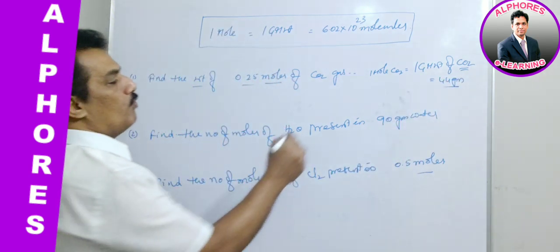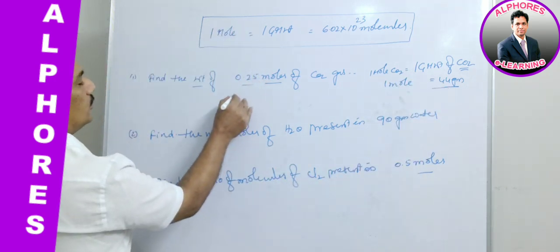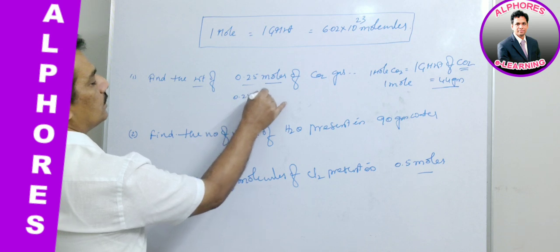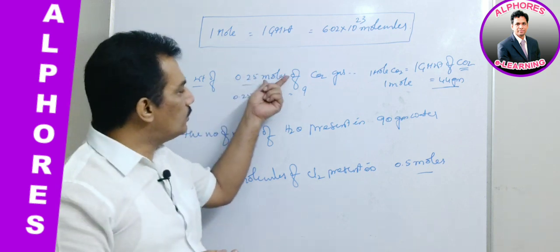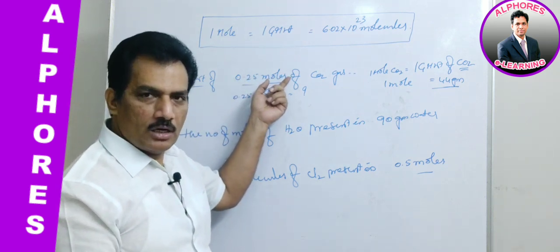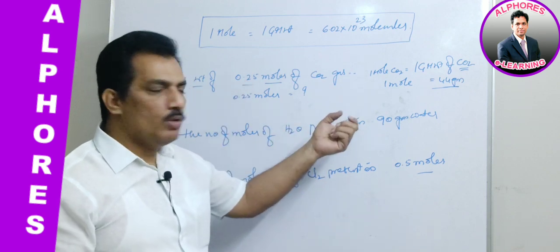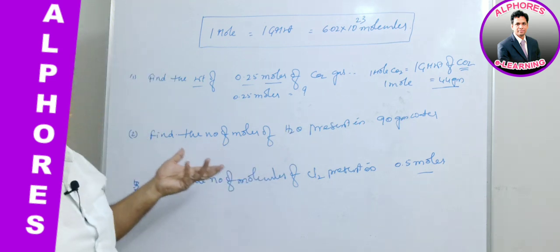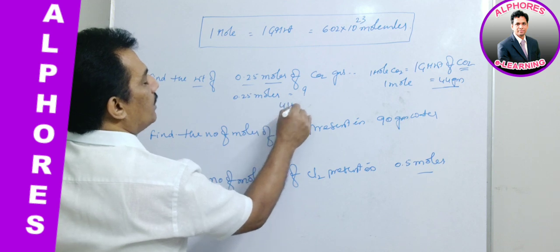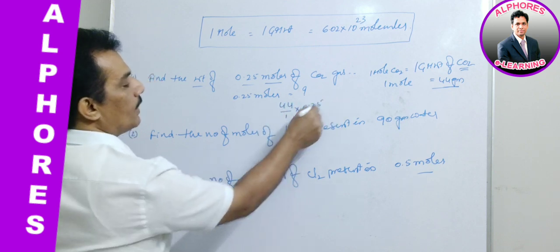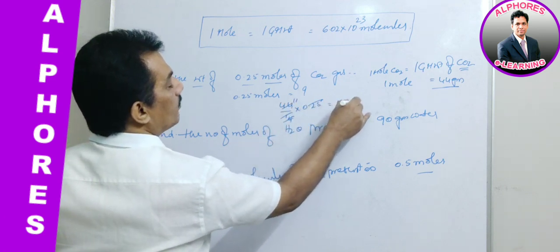When 1 mole is 44 grams, then how much is 0.25 moles? Simply it is 44 by 1 into 0.25, which is 11 grams.